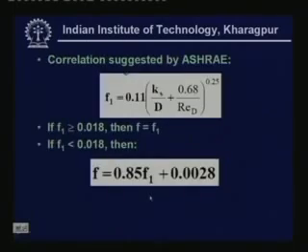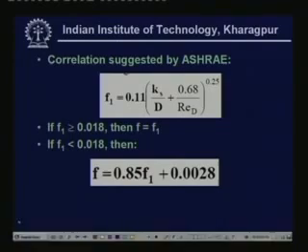Now ASHRAE suggests another very useful and explicit correlation. First, ASHRAE defines a parameter f1. f1 is given as 0.11 into (Ks by D plus 0.68 divided by Reynolds number) raised to the power 0.25.